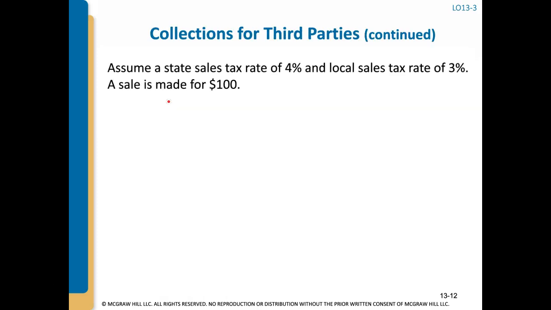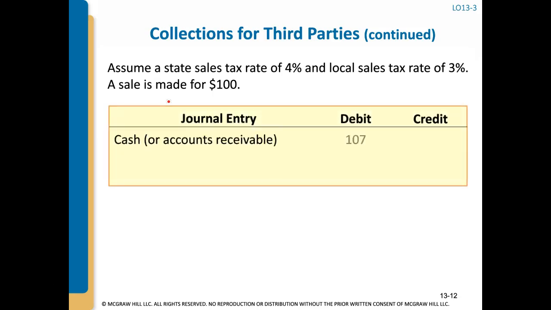Our last example: assume a state sales tax rate of 4% and a local sales tax rate of 3%, and a sale is made for $100. Basically there's $7 of different kinds of sales tax. When you make a sale, you receive $107 from your customer, whether that's cash or accounts receivable.